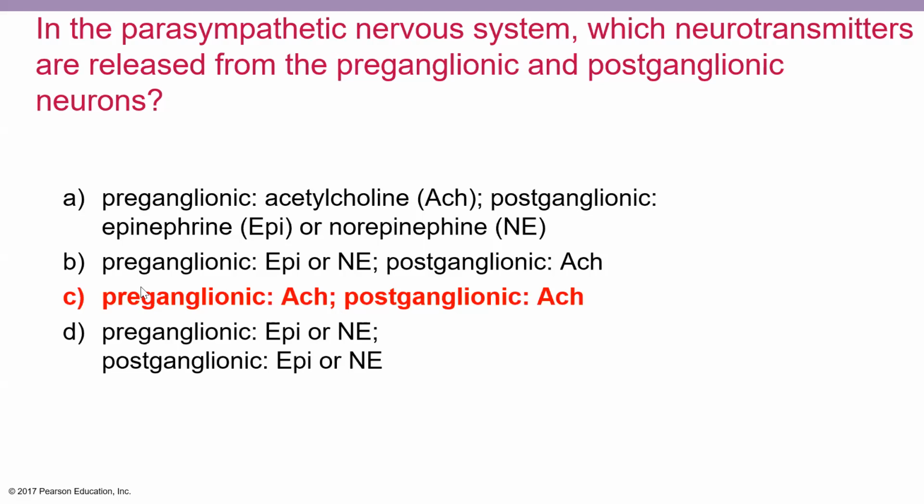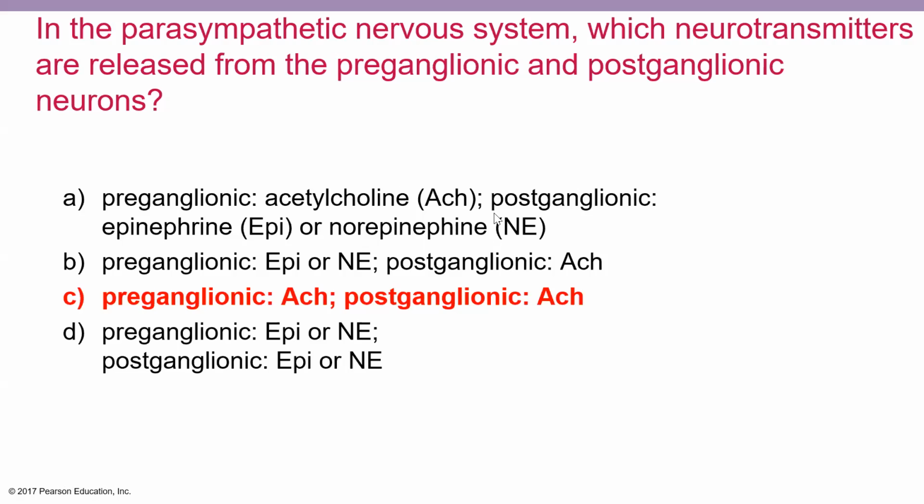So that would automatically eliminate option B and automatically eliminate option D. Our preganglionic neurons never release norepinephrine or epinephrine. And then specifically because we're speaking about the parasympathetic system, we're not speaking about norepinephrine. This is only for the sympathetic nervous system.